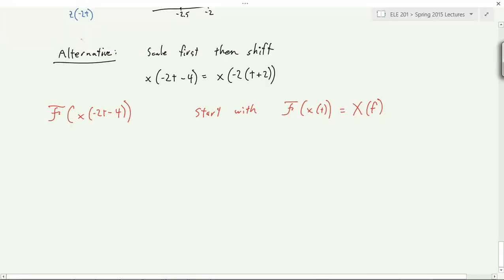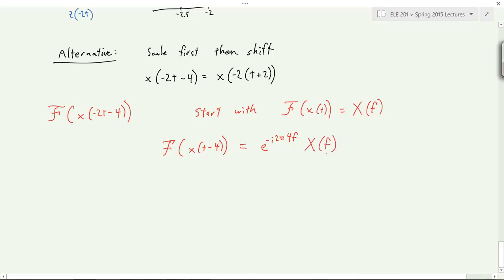It means that the Fourier transform of x of t minus 4, notice I'm doing this in the proper order, I do the time shift first. Again, if I use the rules in the wrong order, I'll get the wrong answer. So at the time shift first, we have a property for time shifts. That's e to the -i 2 pi f times 4, right? X of f.